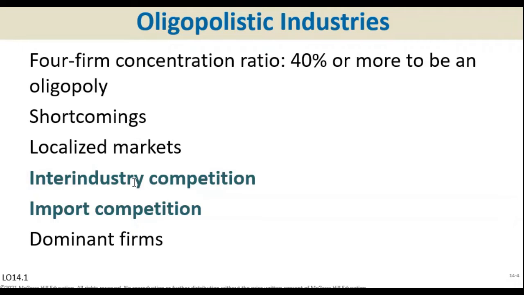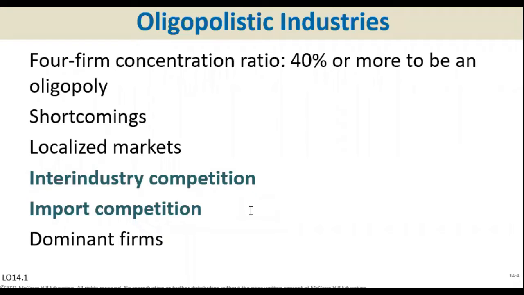We also have the point of inter-industry competition, which is also not taken into consideration when we look at the 4-firm concentration ratio. What I mean by that, you can see, for instance, the glass industry competes with plastic, right?